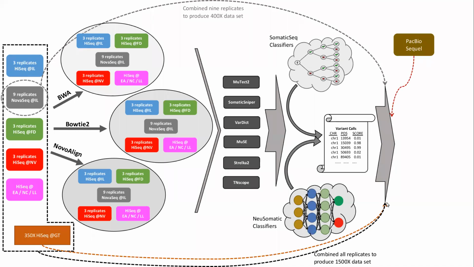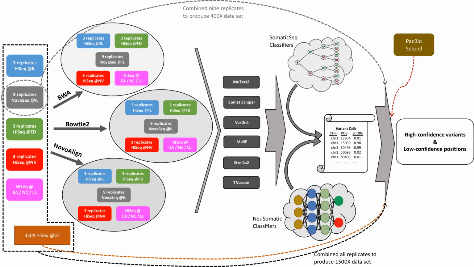And finally, we also cross-reference the variant calls with PacBio long reads, and we will remove variants from the reference call set if they're deemed to be in conflict or inconsistent with PacBio alignment.